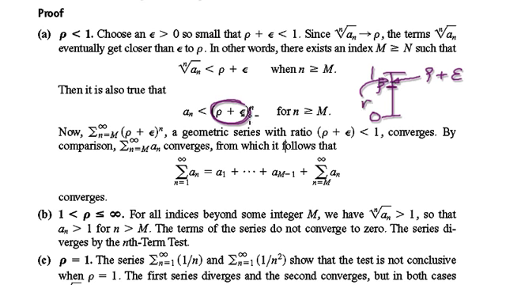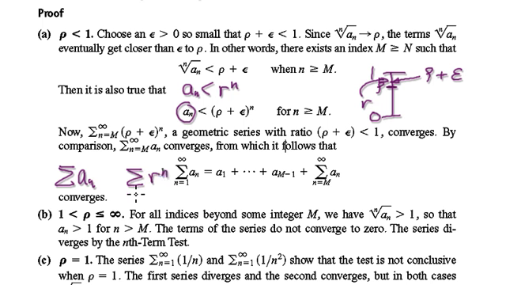So we can call this R if we want to. So here you've got a_n is always less than R to the power of n. And if you're trying to sum up all the a_n, and then you sum up all the R^n, but this is a geometric series where R is less than 1, so you know this is going to converge.